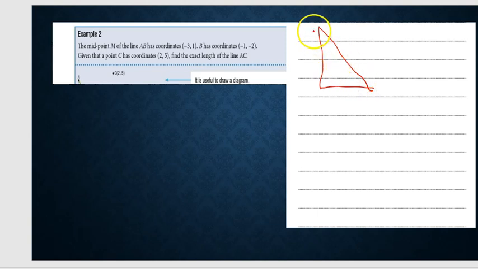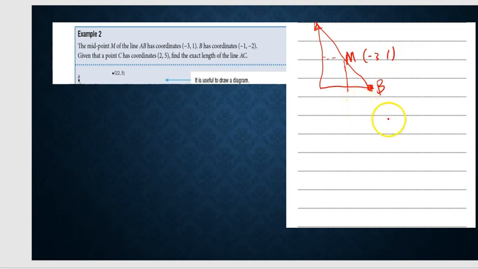So this is line AB, right? And we can take the midpoint to be M. So this is the midpoint, capital M. Right, so M is given as negative 3, 1.